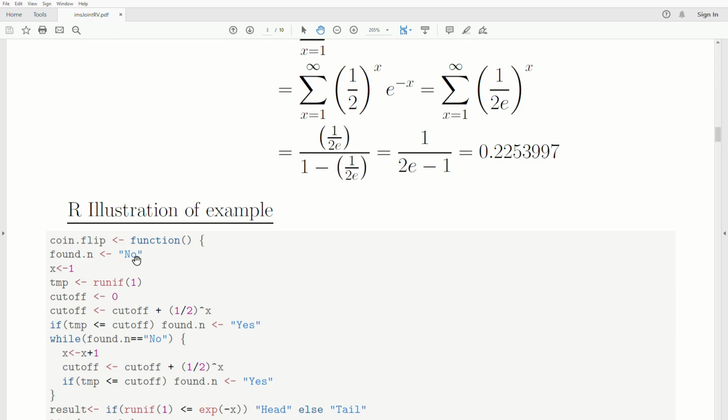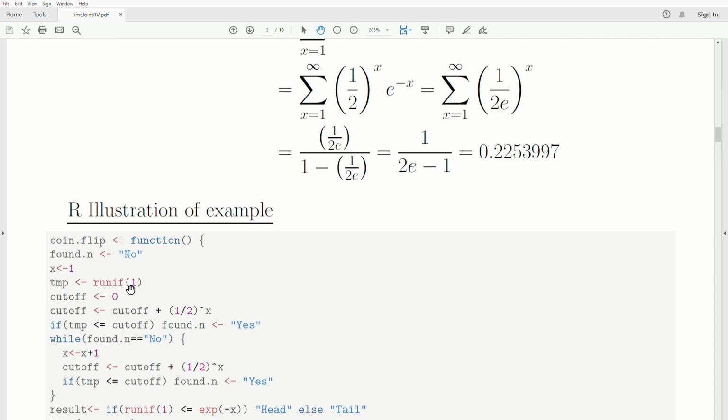We're going to arbitrarily put a 1 in for x. Then we generate a uniform random variable from 0 to 1, and that's called temp. If temp is between 0 and 1/2, we let x be 1. If it's between 1/2 and 3/4, we let it be a 2.